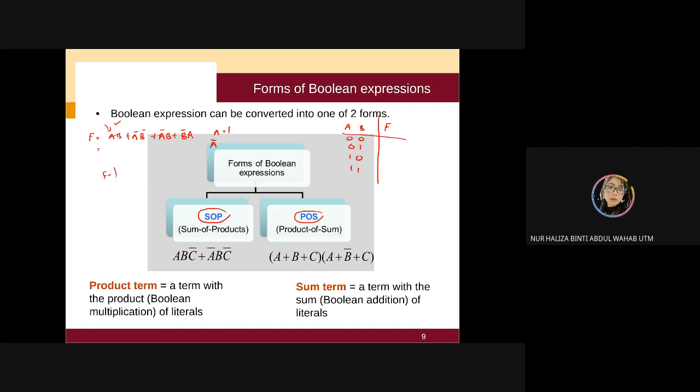A bar equal to 0. Whatever you get with a bar here, it means 0. I taught you last time like this, right? So you follow. You can see 1, 1. And then you have here 0, 0. 0, 1.